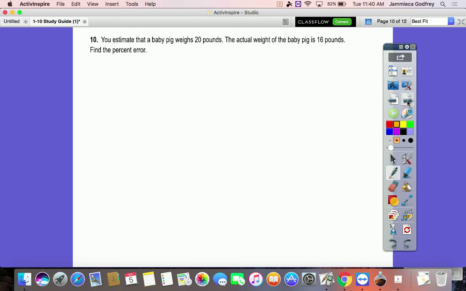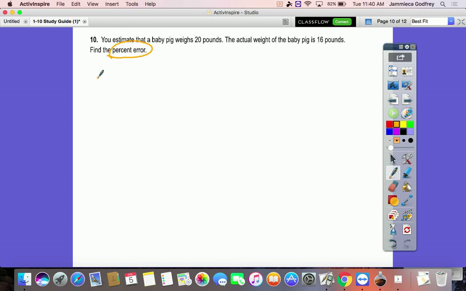Okay, and the last one that I'm going to do before my next class comes in: you estimate that a baby pig weighs 20 pounds. The actual weight of the baby pig is 16 pounds. You're looking for the percent error. Now you need to know this one as well.